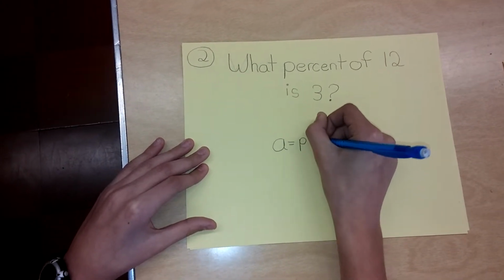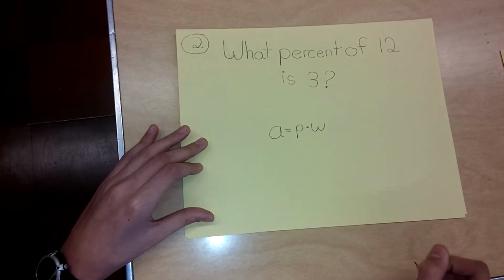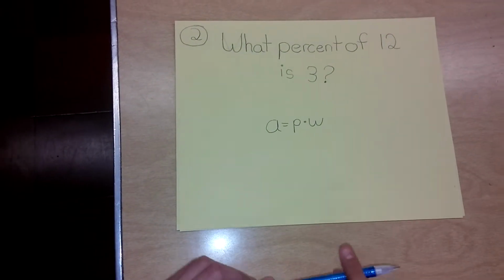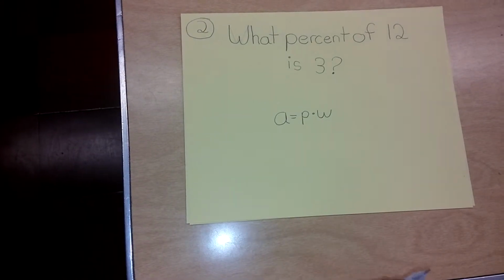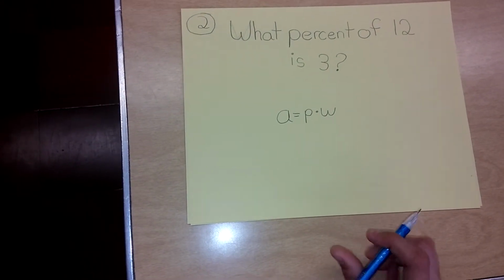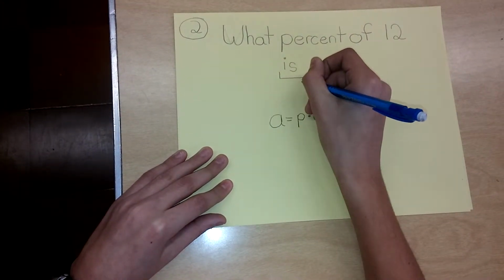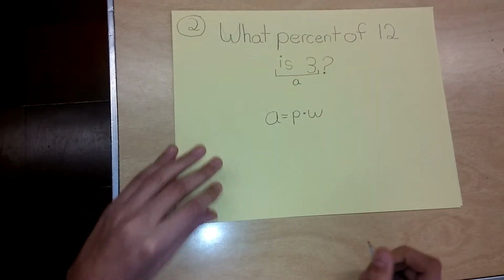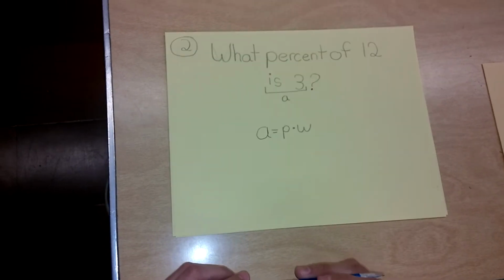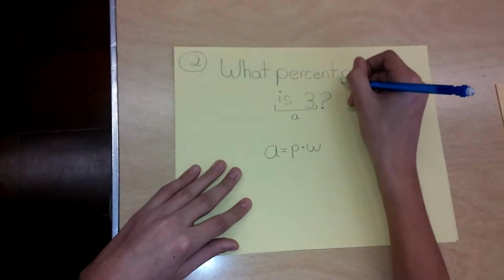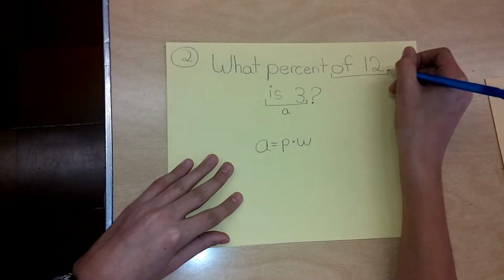Since we don't know what A, P, and W are, we're going to find that in the word problem. Which in the word problem do you think A is? If you're saying is 3, you are correct. So is 3 is A. And if you say that of 12 is W, you are correct, and 12, if you are wondering, is the whole.